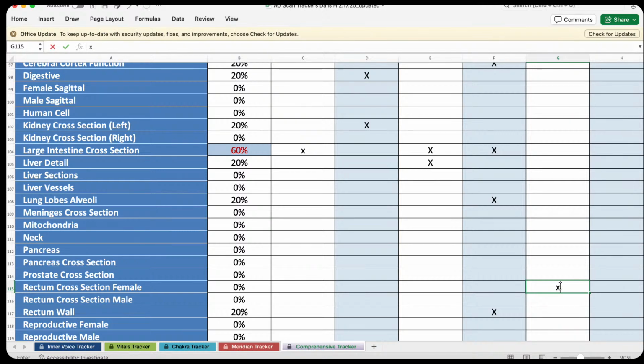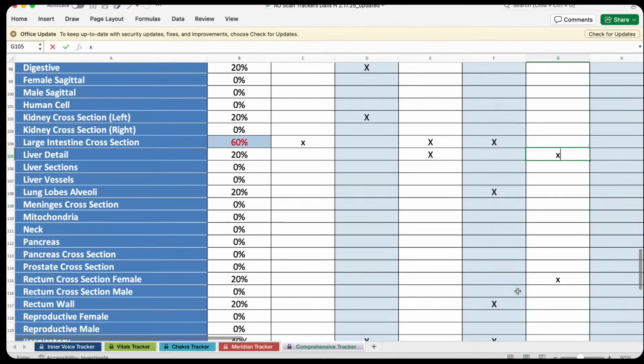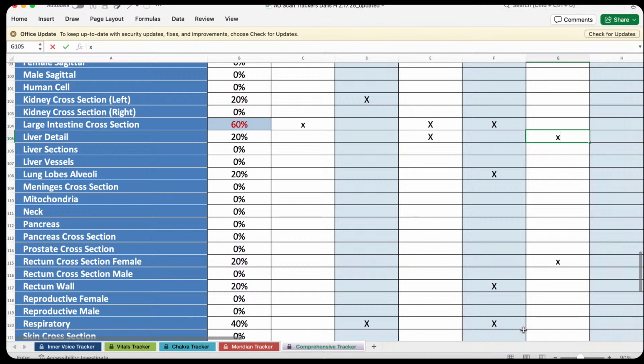Okay, what was the next one? What was the next one? Reproductive female. I got that one. Organs, liver detail. All right. Okay. Organs, respiratory. Okay.